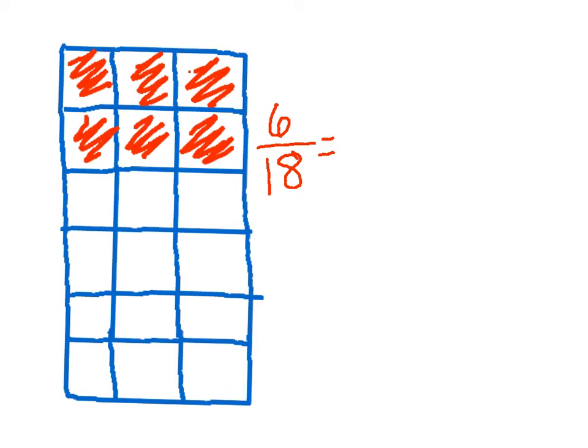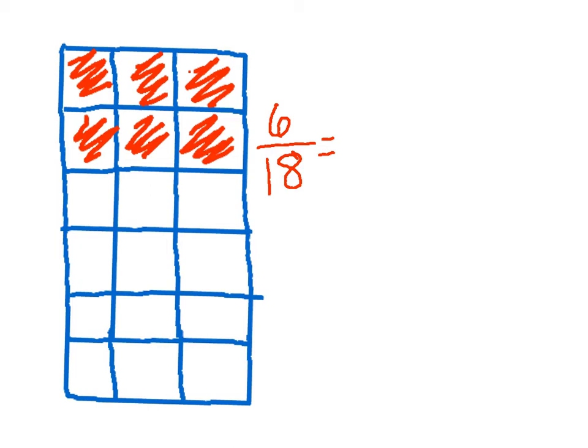Now to use the lasso method, we're going to try to put like parts together. We've already done the ones, so let's see if we can put things in groups of 2. Since 2 is both a factor of 6 and 18, I will be able to put groups of 2 on here.